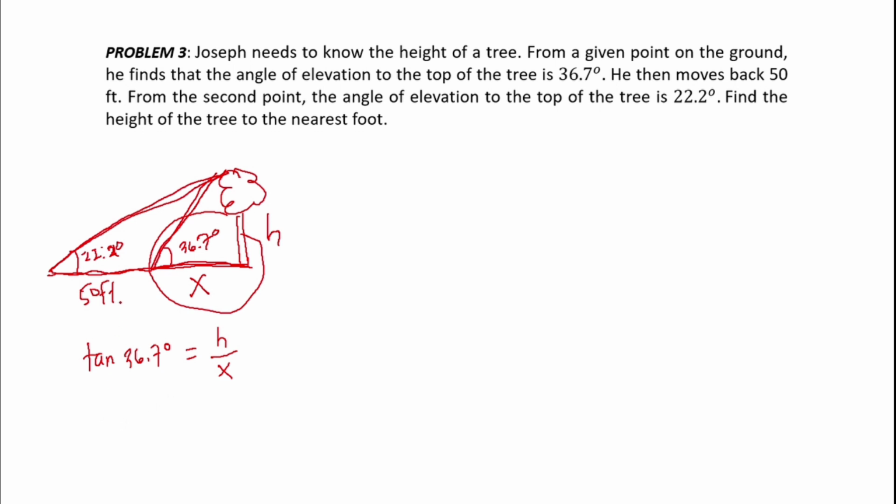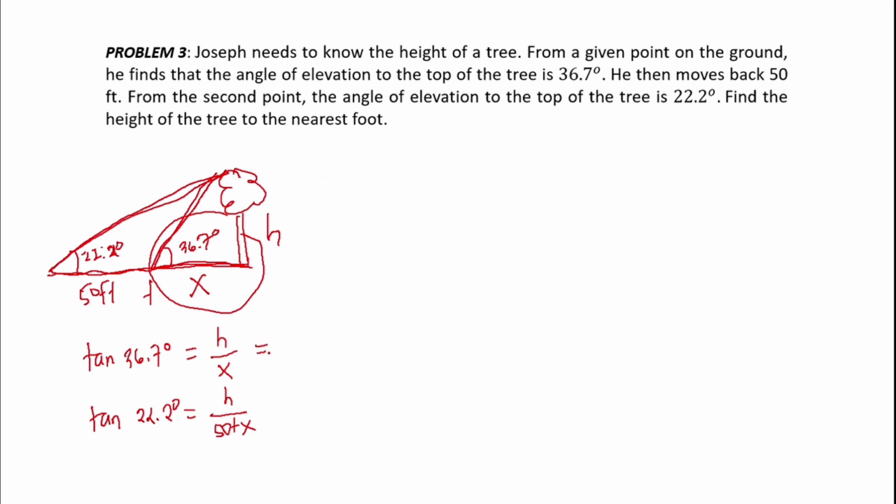And in this case, tangent 22.2 degrees is equal to h over 50 plus x, because from here x, then plus 50. To solve, we equate both equations to h.